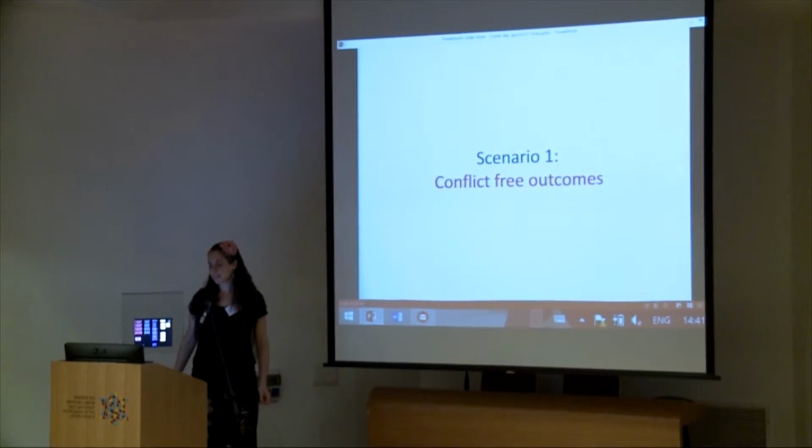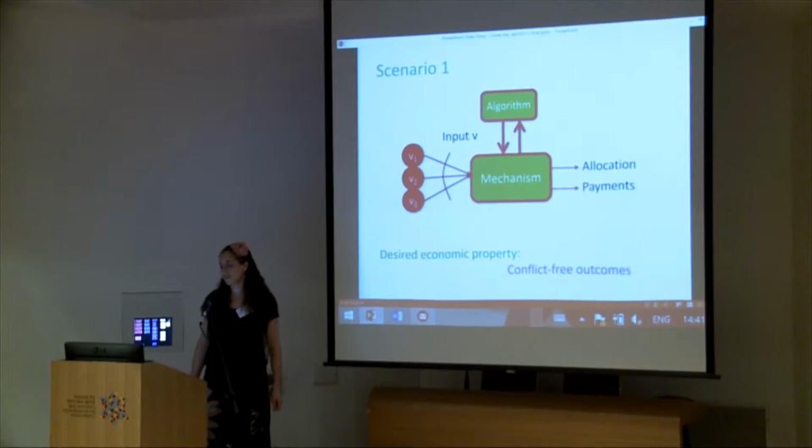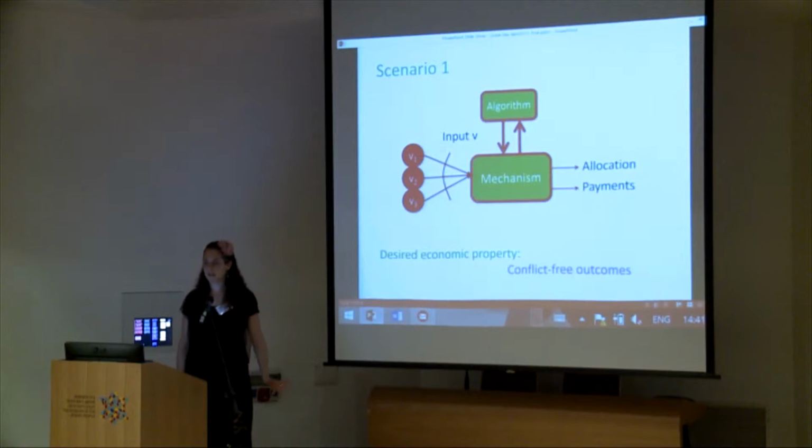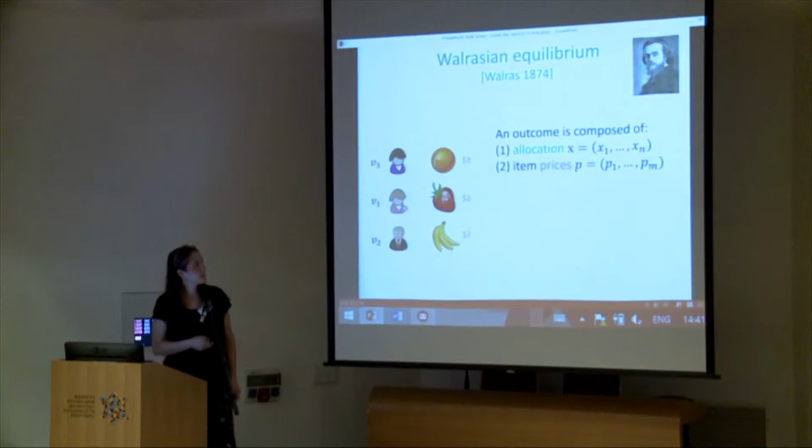So let's start with the first scenario. In the first scenario, the desired economic property is conflict-free outcomes, and I'll say what I mean by that. We have the input, and this is full information. The designer of the mechanism here knows exactly the valuations of the agents.